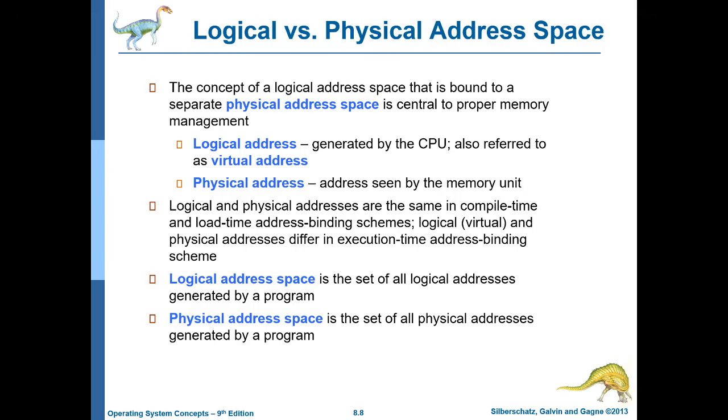The logical address space is the set of all logical addresses generated by the program, which is limited by its size, starting from address 0. And the physical address space is the set of all physical addresses generated by a program. If we don't consider virtual memory, then this is the random access memory, the size of the random access memory in which this program can be placed anywhere in the RAM.